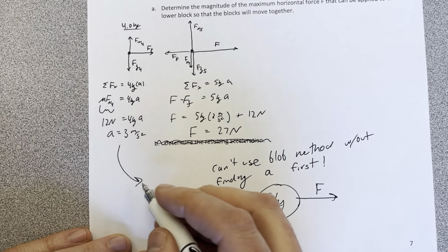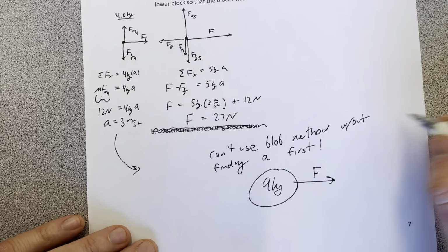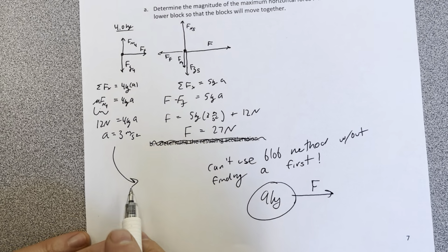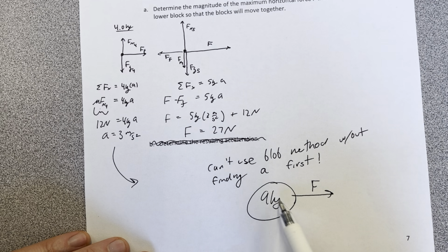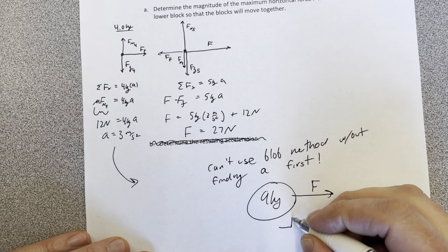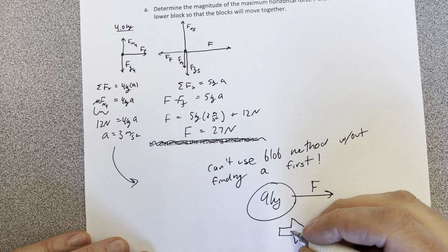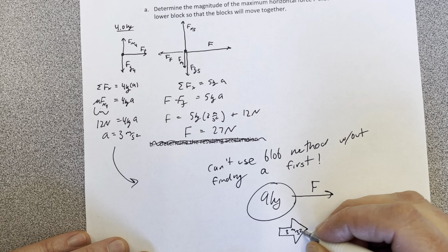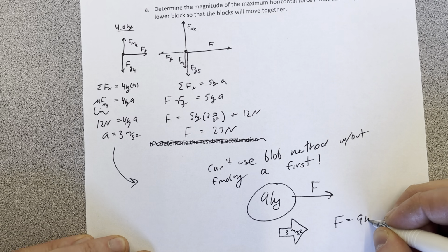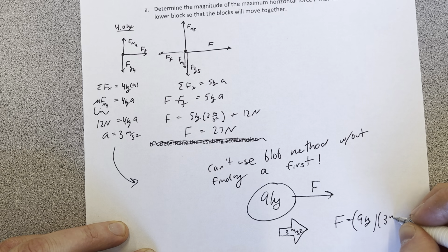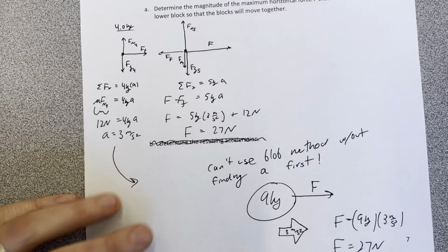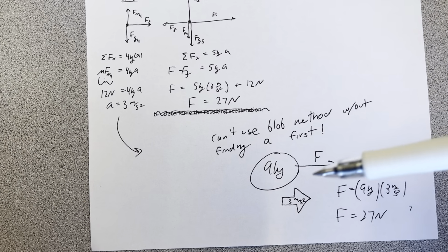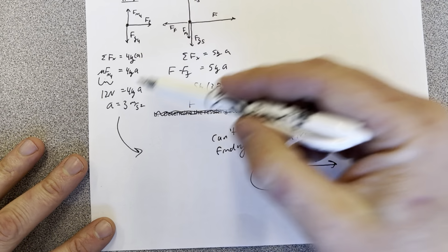Can't use the blob method without finding A first. If you find A first, knowing the force and the mass of this one, then yeah, you could say, okay, I do know the acceleration. It is 3 meters per second squared, so F equals 9 kilograms times 3 meters per second squared. That is 27 newtons.